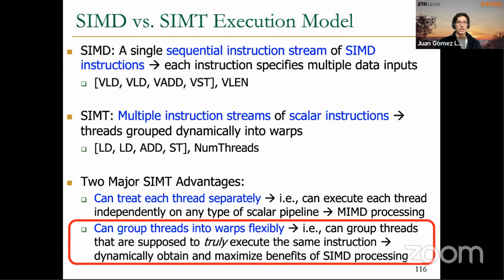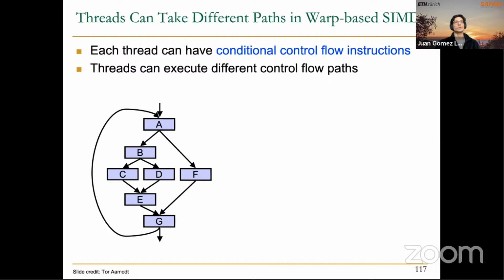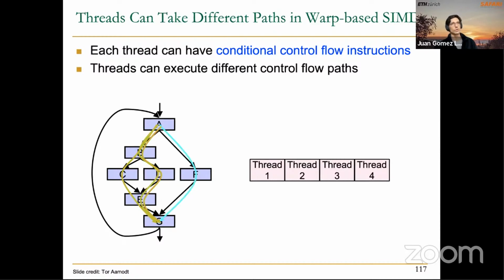We are going to see more about the advantages of SIMD. The second one is that we can group threads into warps flexibly. I was talking about the divergence in the control flow path. Imagine you have a very convoluted code like this one here with different basic blocks and different if-else statements, so that, for example, thread 1 follows this path, thread 2 follows this different path, thread 3, thread 4, and so on.